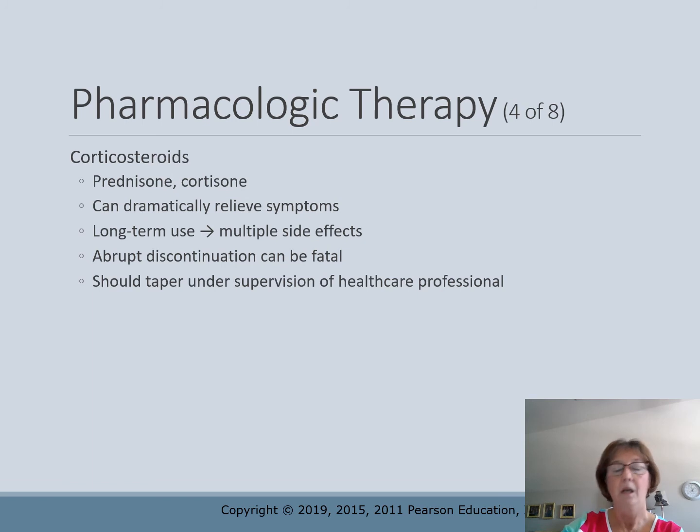Okay. Some of the other ones are your corticosteroids, and of course we know these help reduce inflammation and immune reactions. Long-term use is associated with multiple side effects, and this is in Box 10-2.